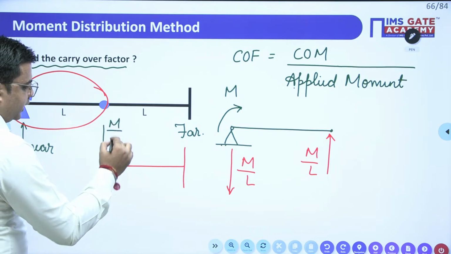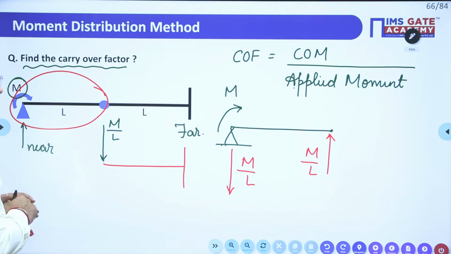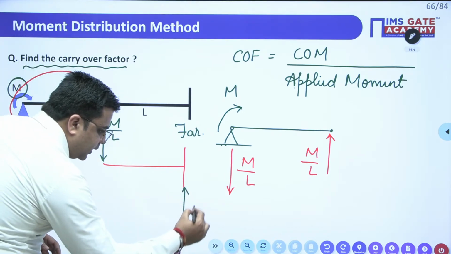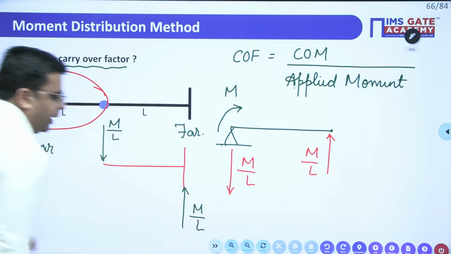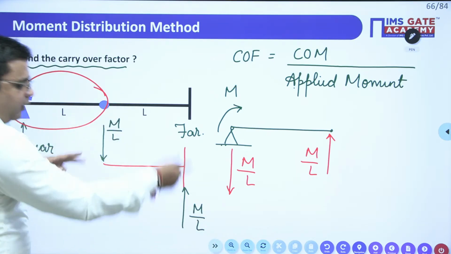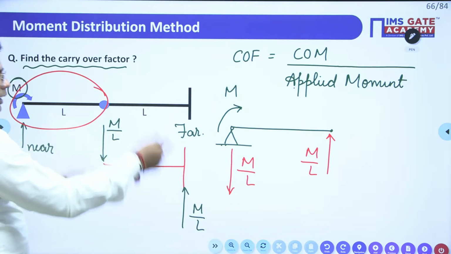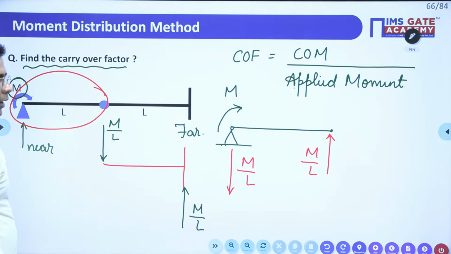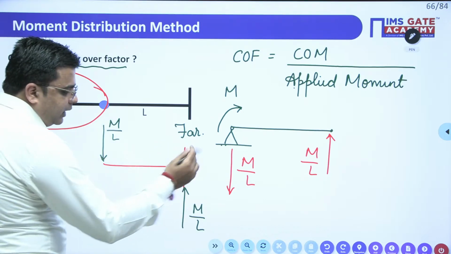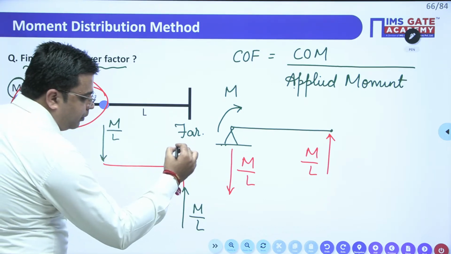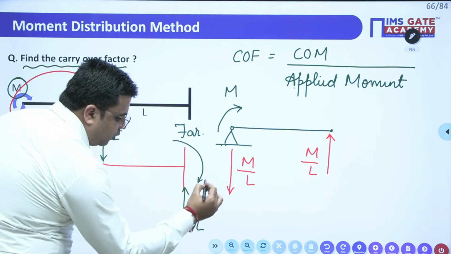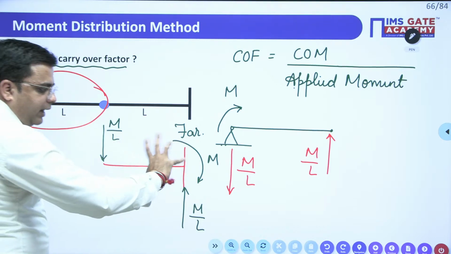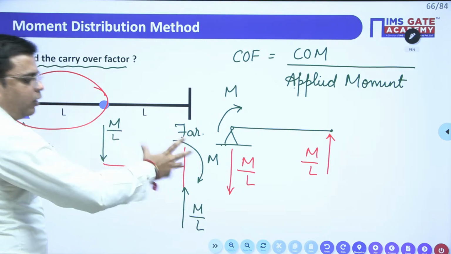In order to balance this m by L at the support, there will be an upward reaction like this, and this value is again equal to m by L. This m by L forms an anti-clockwise couple, due to which a reaction moment will develop, the value of which will be equal to m at the fixed end. So at the fixed end, the moment developed will be m in the clockwise direction.